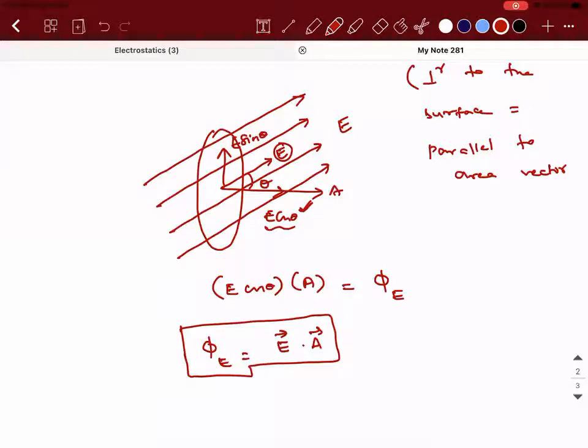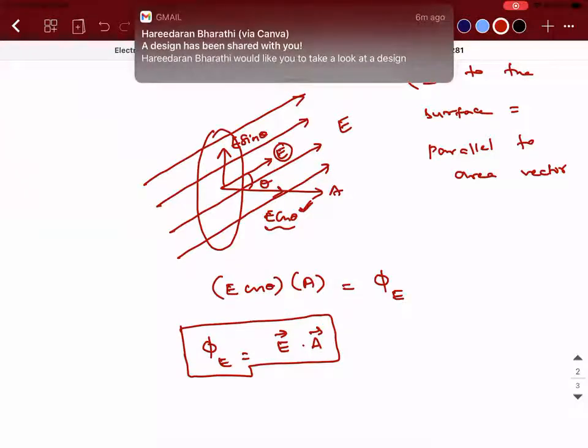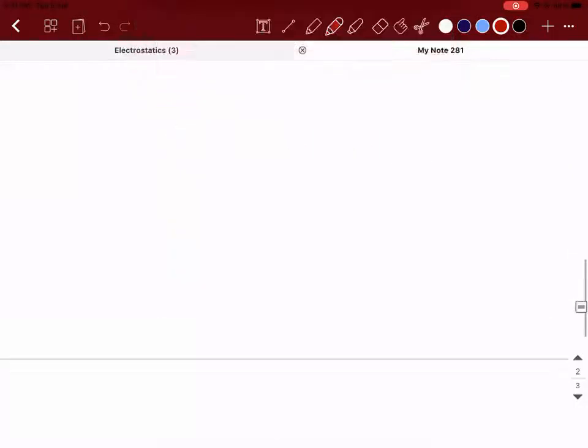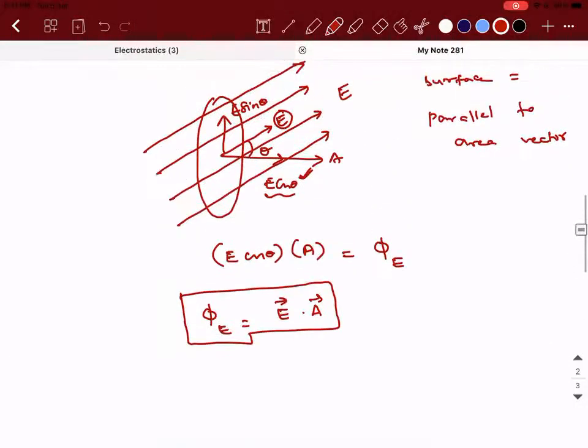If the area vector is along the electric field, then cos 0 is 1, so the flux is E times A. Right. Shall I proceed?